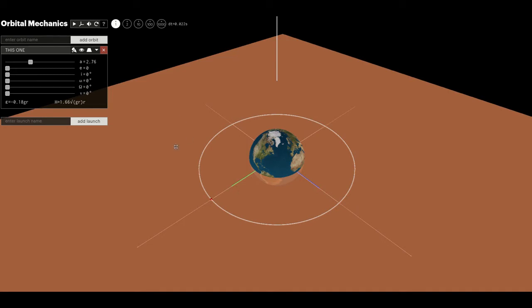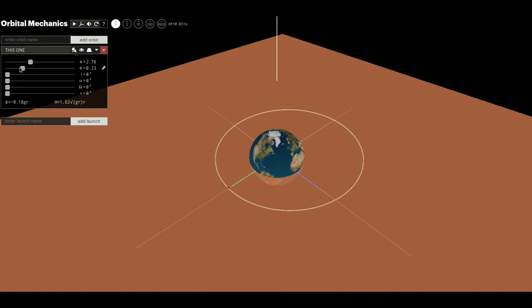All right. The first control we have here is a little e. This is eccentricity. Notice as it becomes more eccentric, the shape of the orbit is changing. Here we would have the Earth at one focus, and the second focus would be right in here somewhere.